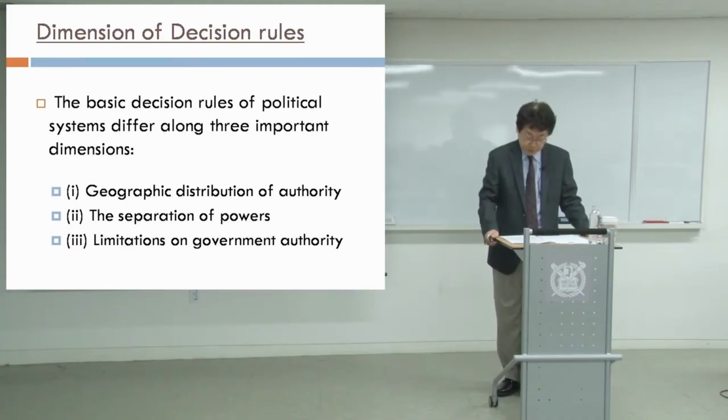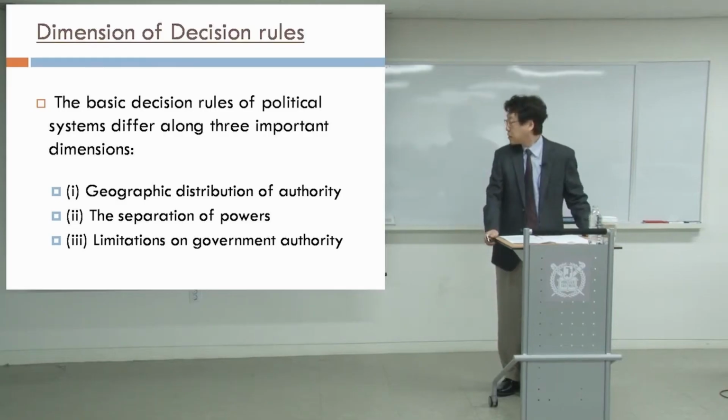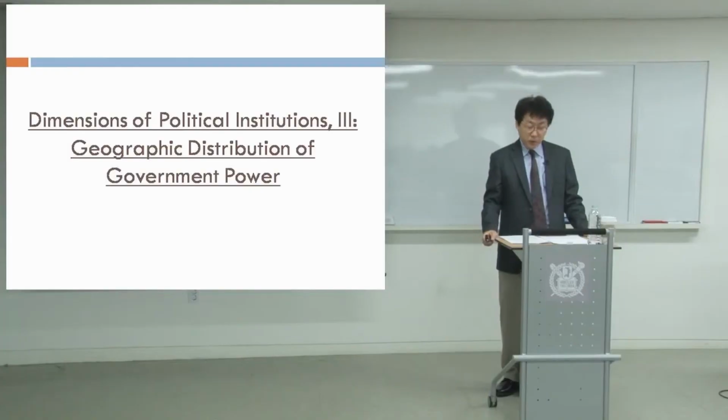You already have this. And second, the separation of powers among different branches of government. And third, limitations on government authority. And we also briefly looked at the first dimensions of political institutions.